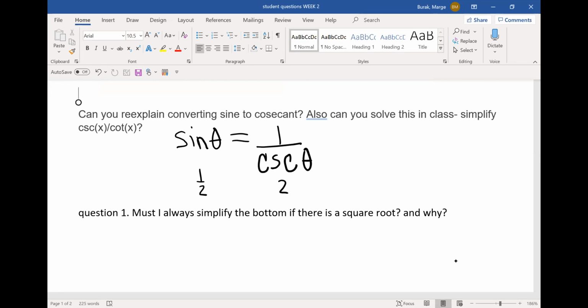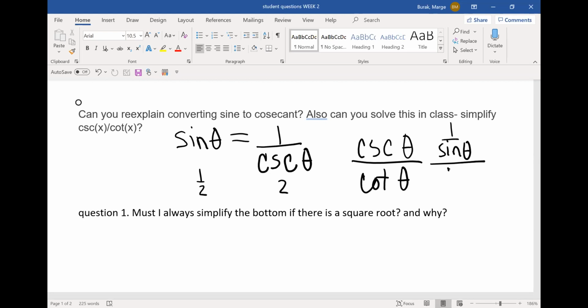And also, they wanted this one explained, which is cosecant, I'm going to put theta instead of x, divided by cotangent theta. So always, if in doubt, change it to sines and cosines. So cosecant is 1 over sine.